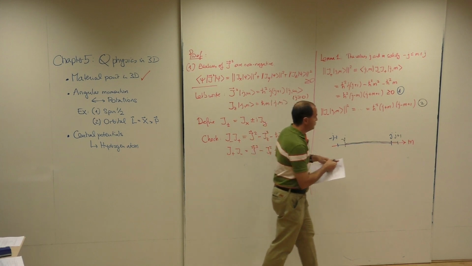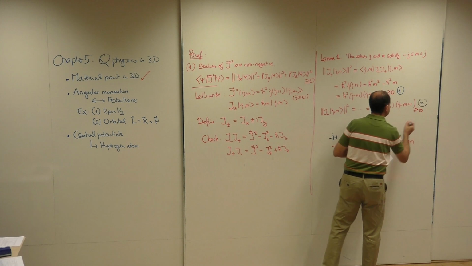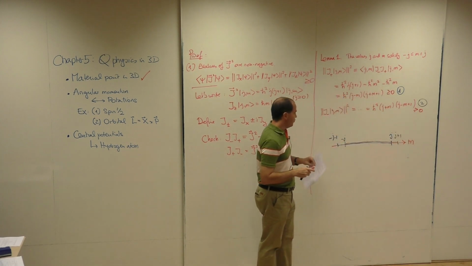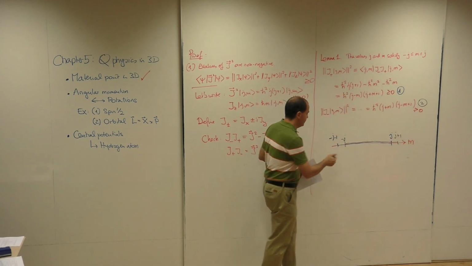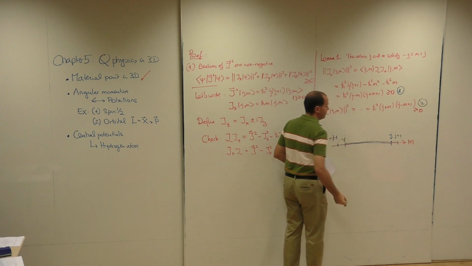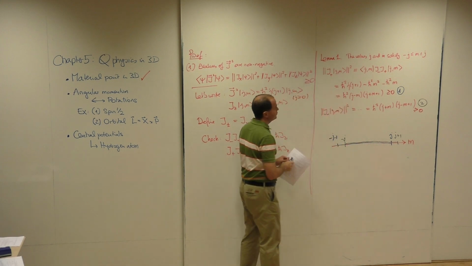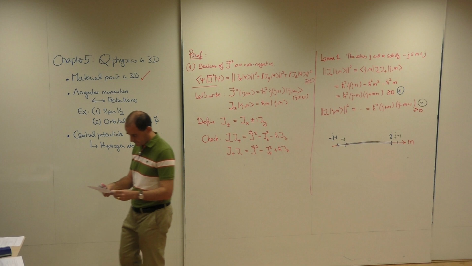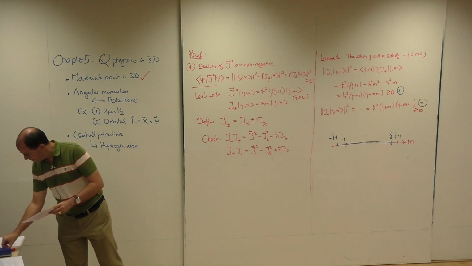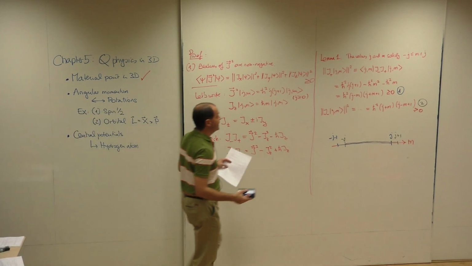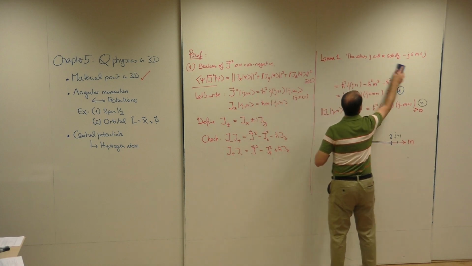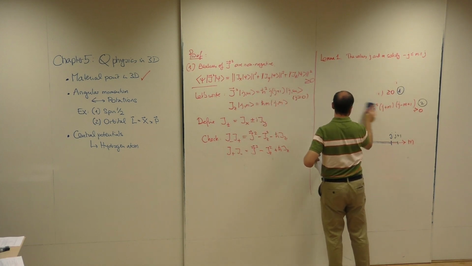Sorry, I didn't write what equation 2 is. It's this. Both equations must be satisfied, therefore M can only be between minus J and J. Okay, this proves the first lemma. I can erase the proof. We proved it.